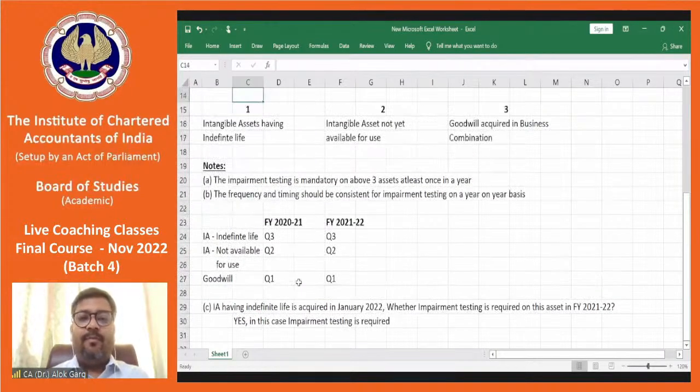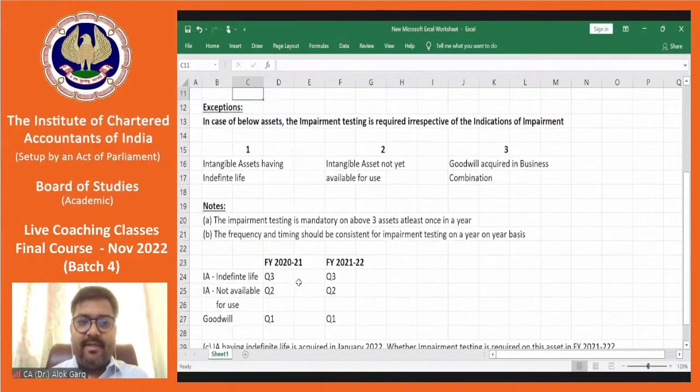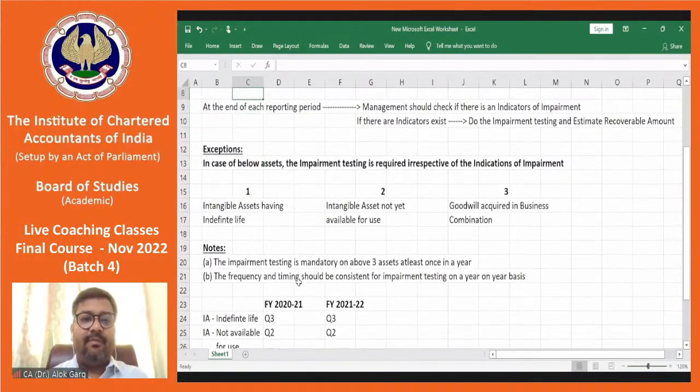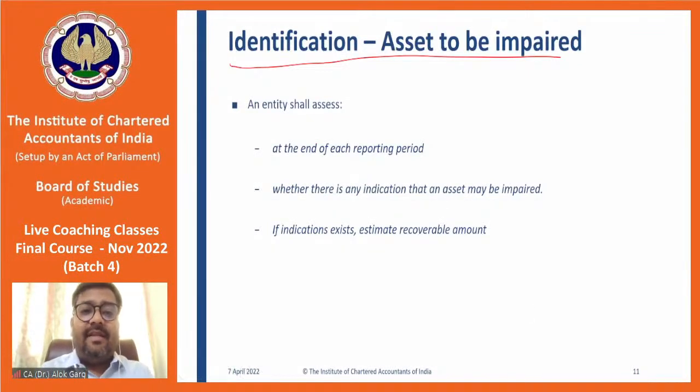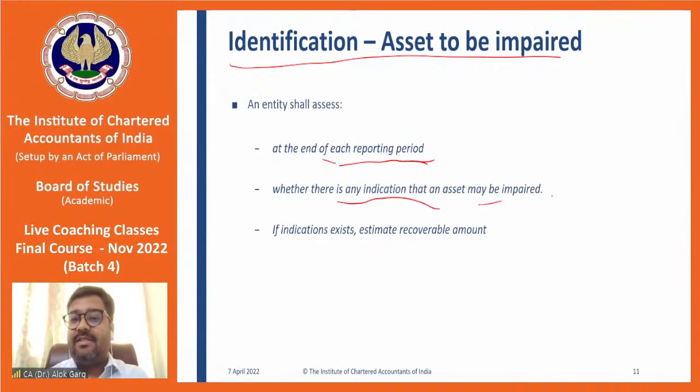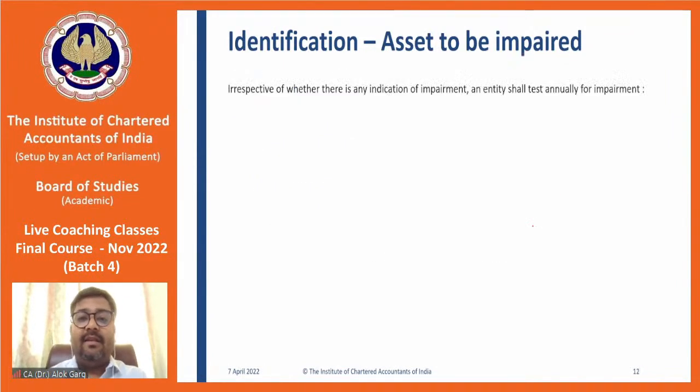So guys, I hope you are clear about this aspect, identification of an asset that may be impaired concept, right? An entity shall assess at the end of each reporting period whether there is any indication that an asset may be impaired. If indication is there, then you need to estimate the recoverable value.